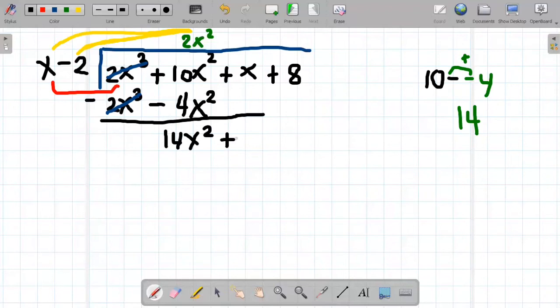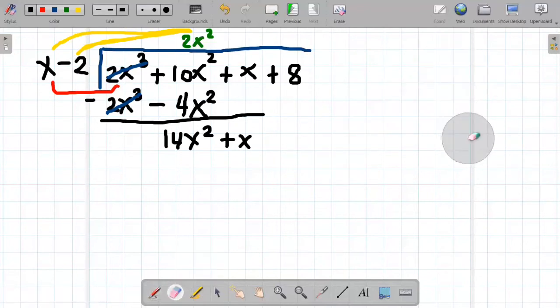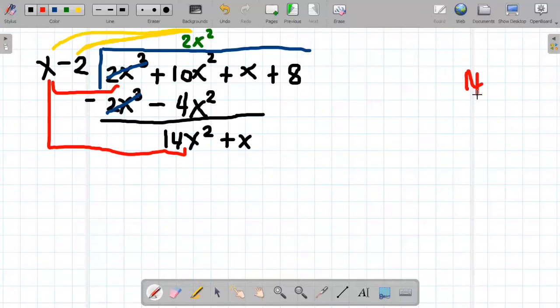You bring down that, two terms, because our divisor is also two terms. Next, you'll have 14x squared to be divided by x.